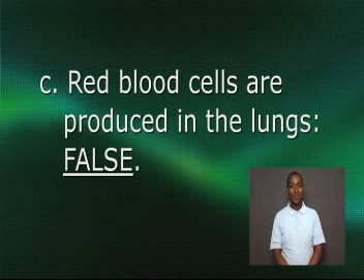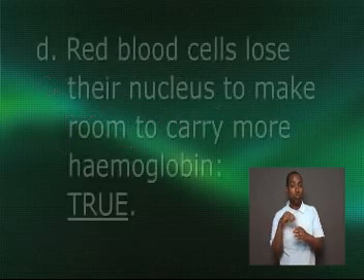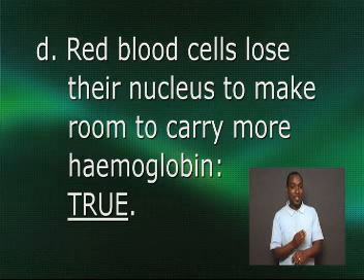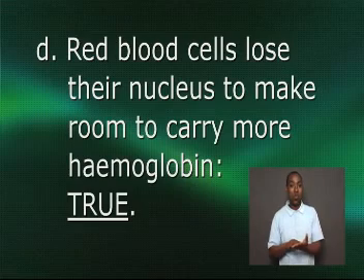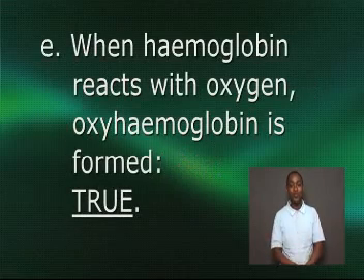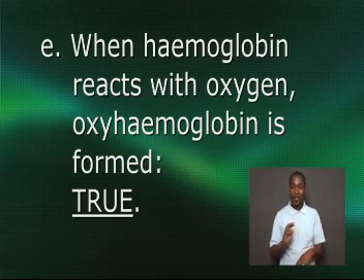Red blood cells are produced in bone marrow from stem cells. Red blood cells do lose their nucleus to make room to carry more hemoglobin. When hemoglobin reacts with oxygen, oxyhemoglobin is formed.